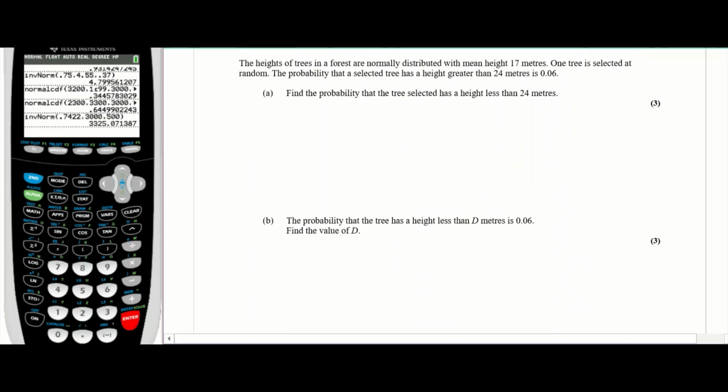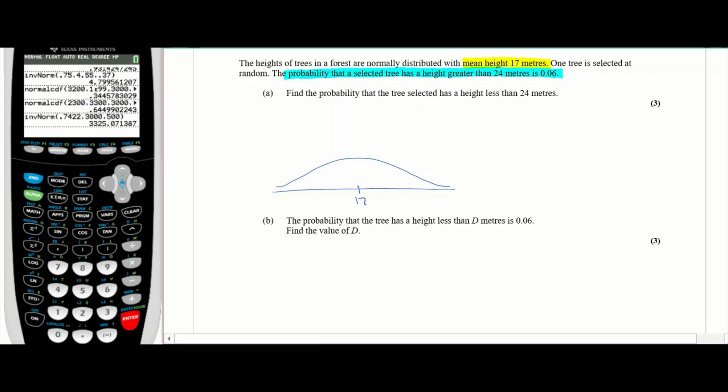This question is really interesting because you'll notice that you only get the mean. We have not told you the standard deviation. And that's okay because we can use some of the properties of the distribution to figure out the answers to these questions, even when we don't have the standard deviation. So the other piece of important information we get is that the probability that a height is greater than 24 is 0.06.